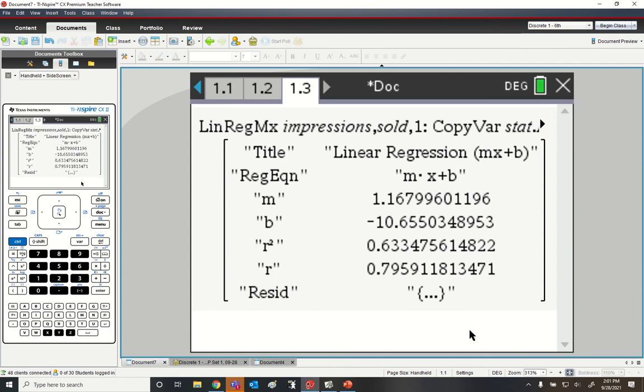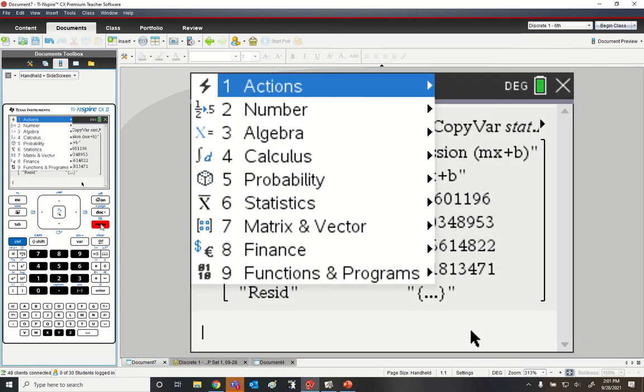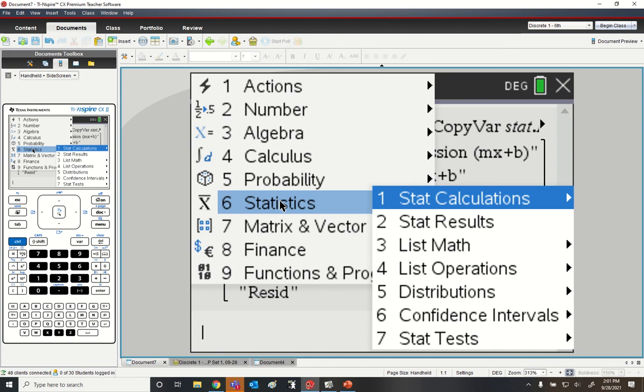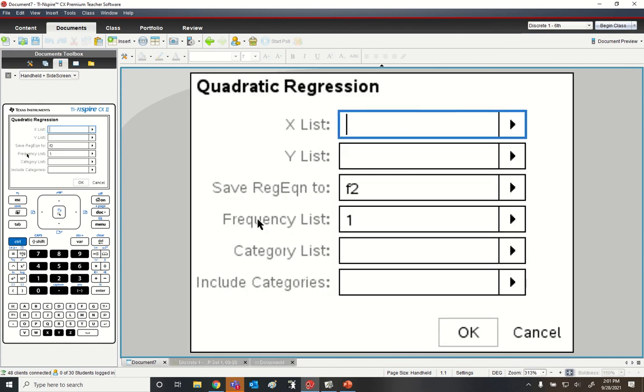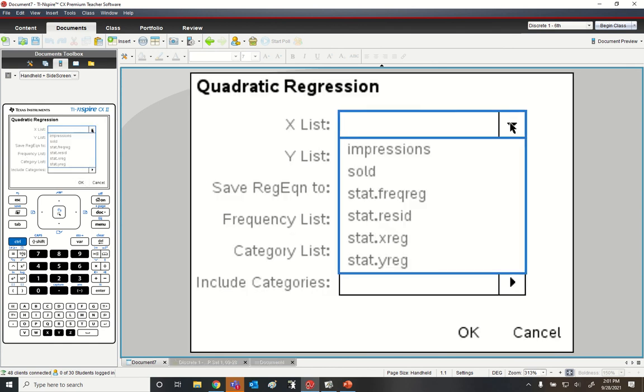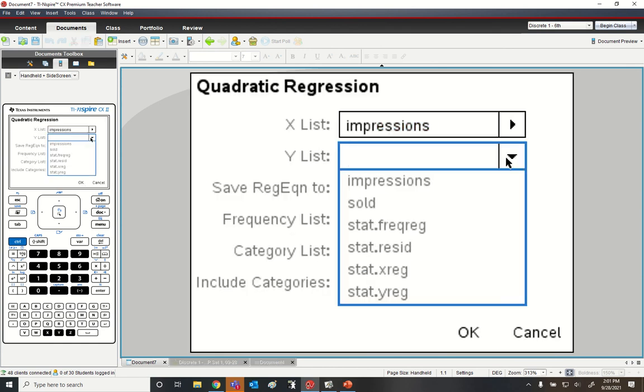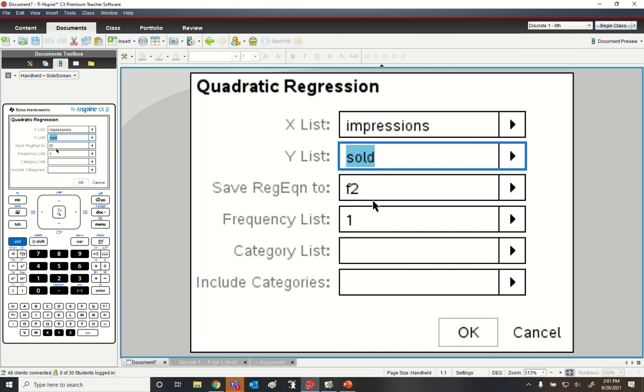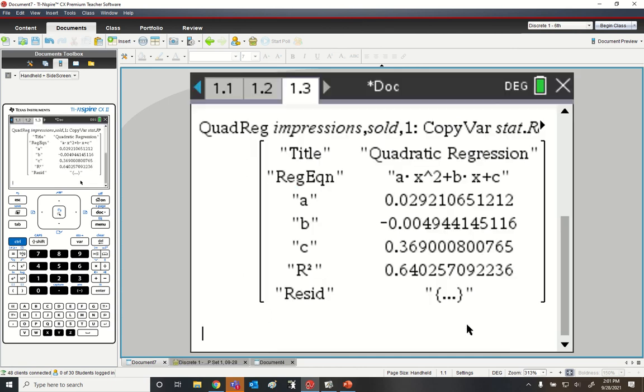So let's do the quadratic next. Menu, statistics, stat calculations, quadratic. There we go. My R squared is 0.64. It's a passing score, but not very good though, right? Okay, but was the previous one better with the 80%?